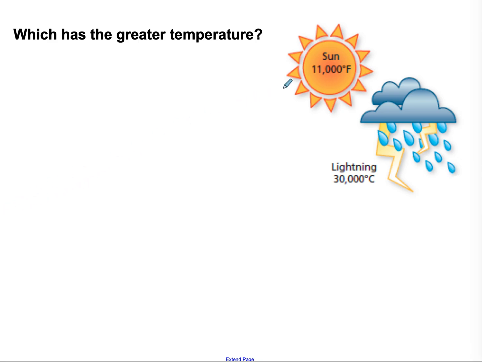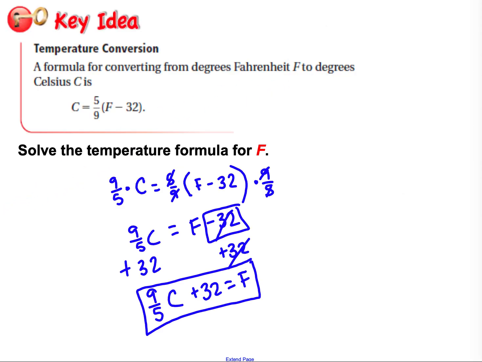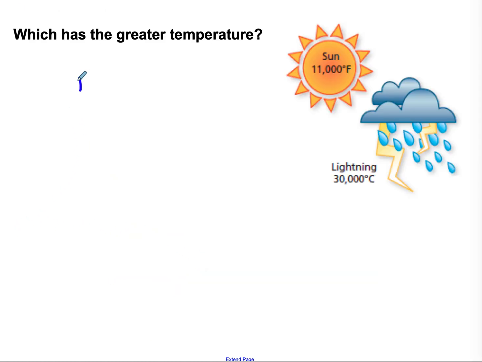Okay, so let's see. I will use this one that we just solved. So my Fahrenheit equals 9/5 C plus 32. Okay, let me double check that I copied that correctly.